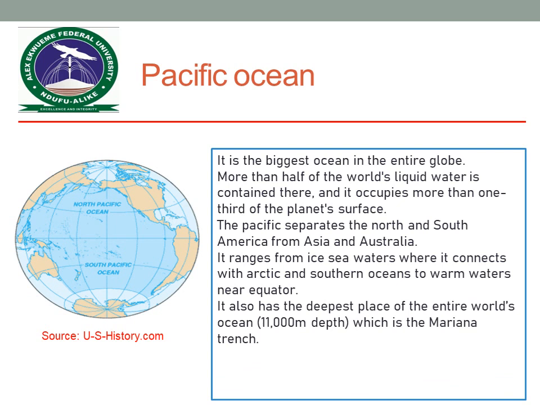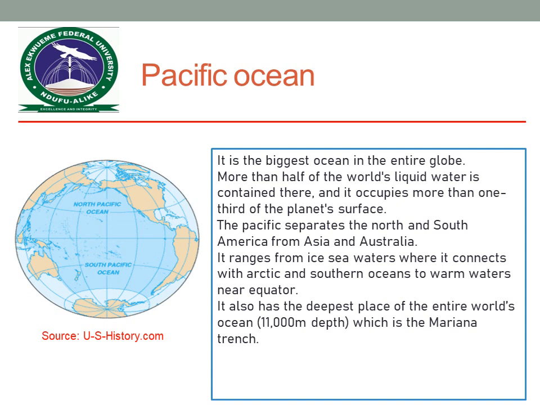It also has the deepest place of the entire world's oceans, which is the Mariana Trench. Every ocean has a deepest point, a deepest region or place. As we proceed in this course, we'll be looking at the zones of the oceans, and you'll get to understand that the deepest point in any world's ocean is the Hadal Zone, or what some scientists call the trenches.